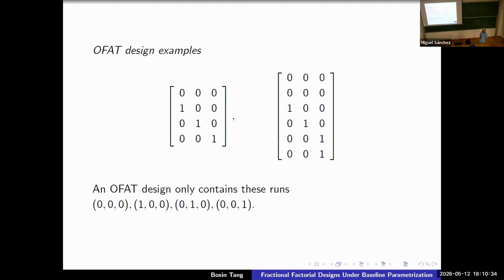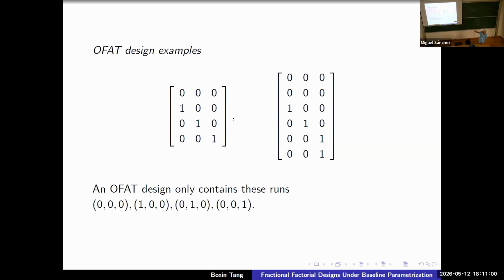These are examples of one-factor-at-a-time designs. One-factor-at-a-time designs only use the run of all zeros, that is, all baseline levels, and you only allow one factor at the test level, all the others at baseline level.